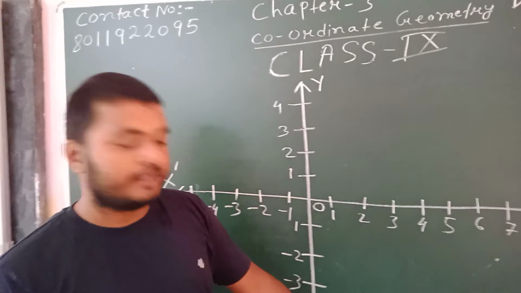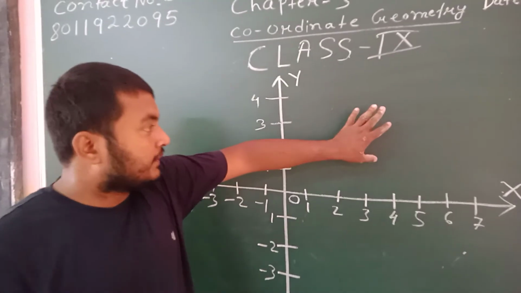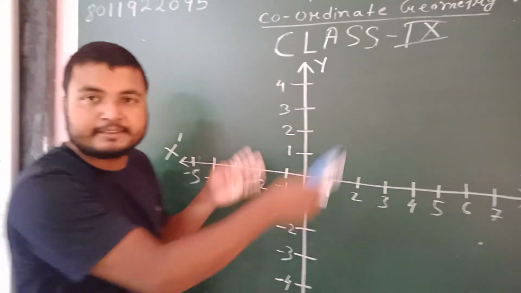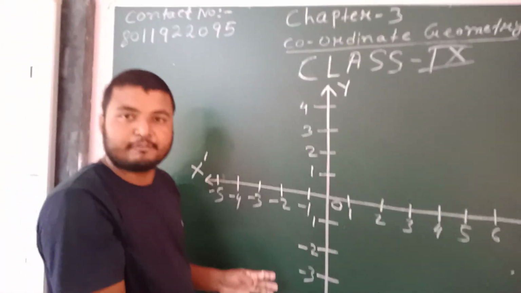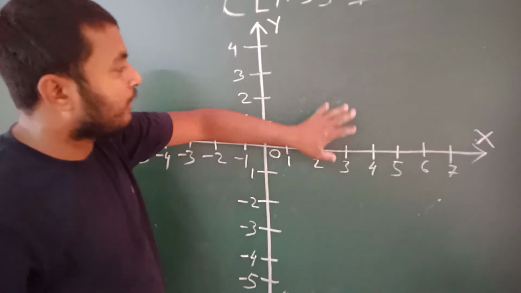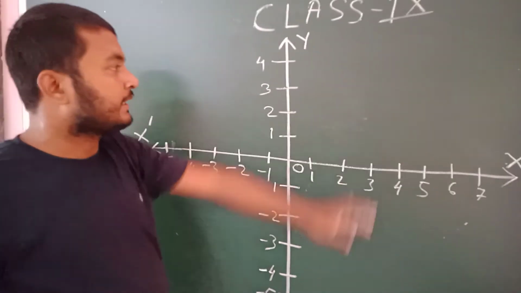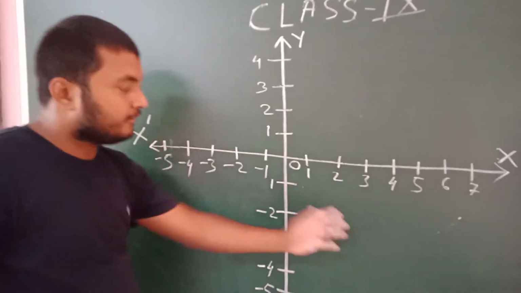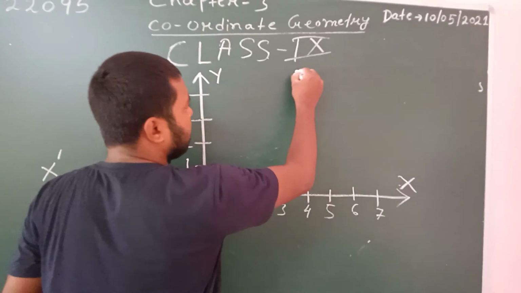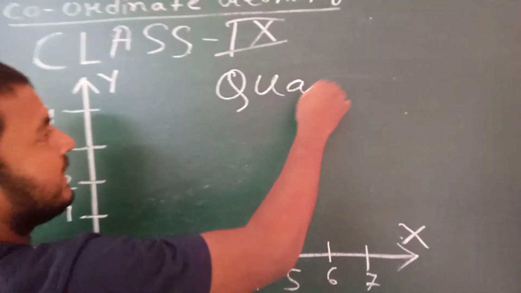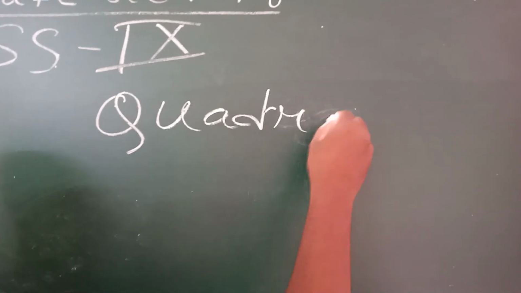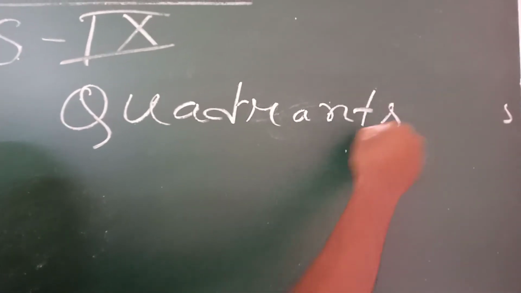When you are watching this video, draw this graph on a plain sheet of paper and see for yourself that this figure has divided the plane into 4 different parts. These parts are called quadrants.